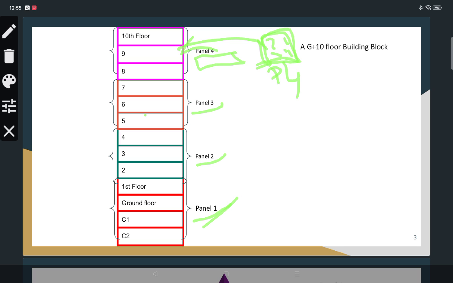This is how we divide, because we can't put everything in one box. It would be very messy and cost more. You have to think about how much wire it would take to run from a single box to every floor. It is not an efficient way to do that. So we will divide it into panel 1 to panel 4.